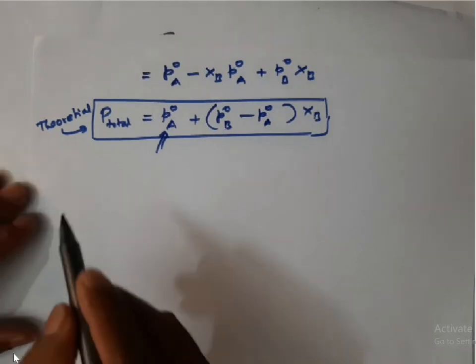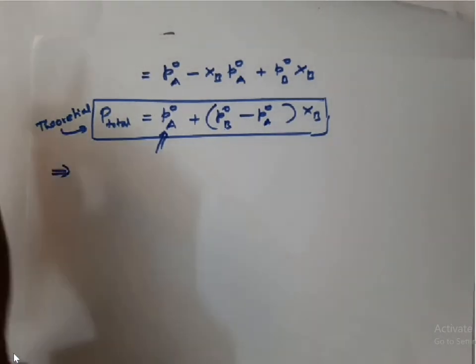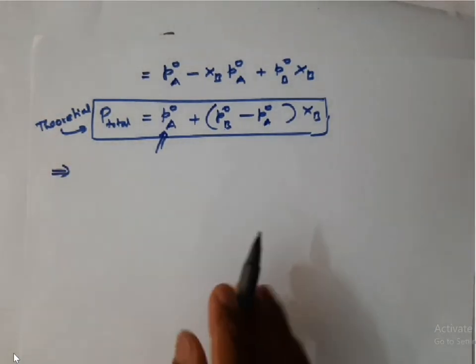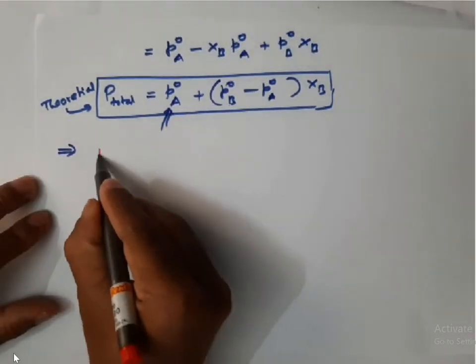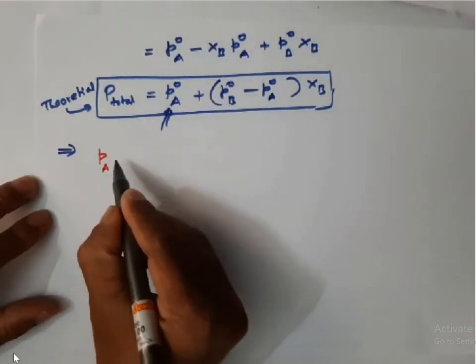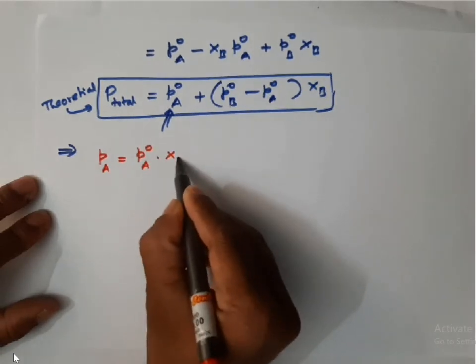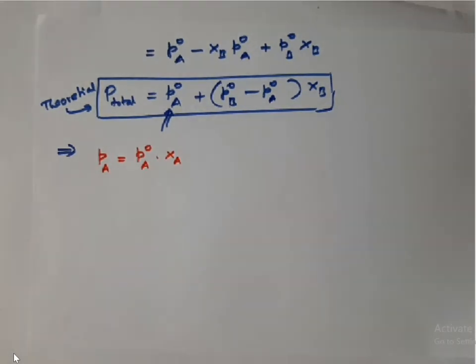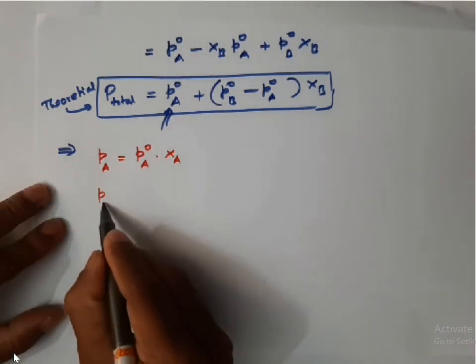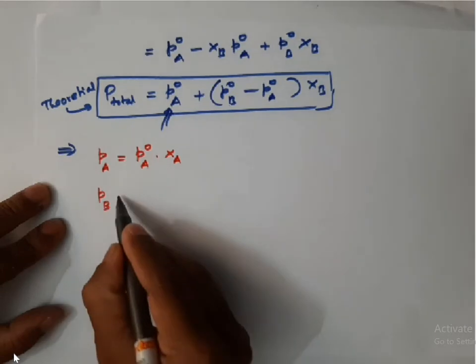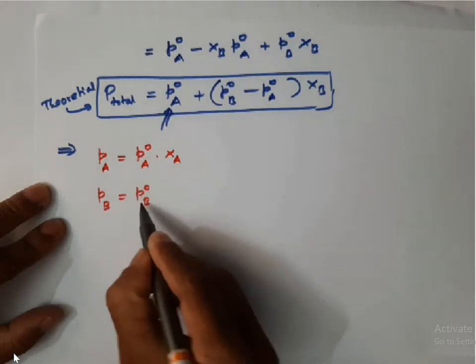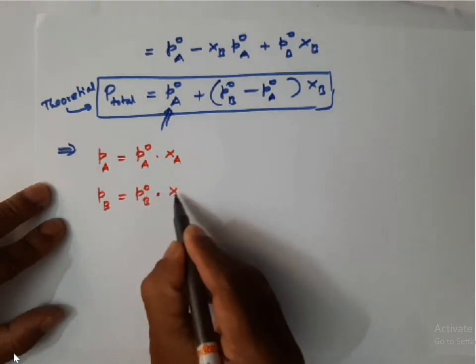So we had seen three equations based on Raoult's law. What are the three equations? Partial vapor pressure of A is equal to vapor pressure of pure A into mole fraction of A. And partial vapor pressure of component B is equal to vapor pressure of pure B into mole fraction of B.